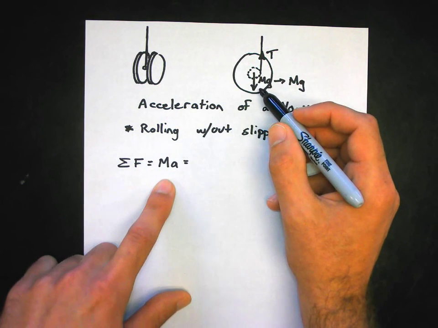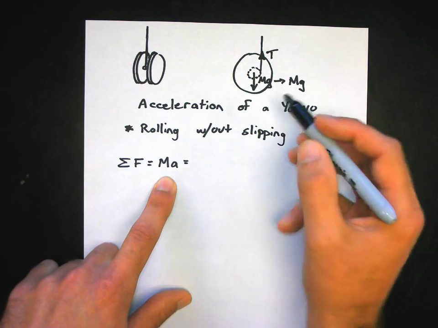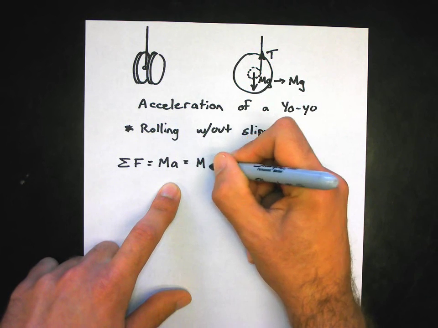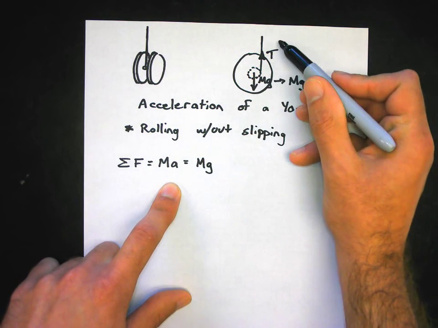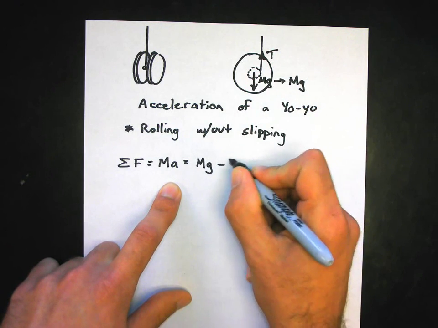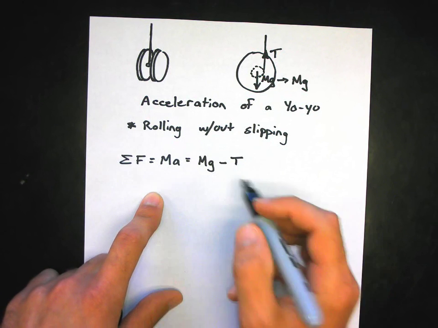So I'll take the mass times acceleration as positive, so it's accelerating downward. So my mg will be positive since it's in that same direction. And then tension is in the opposing direction. So I'll say mg minus T. So we already have one equation set up.